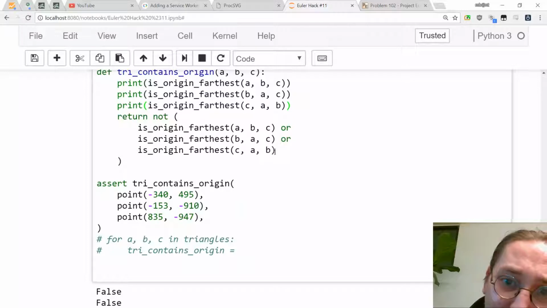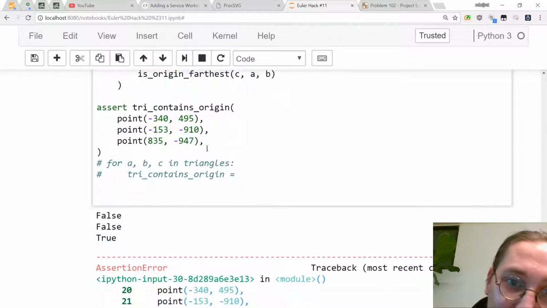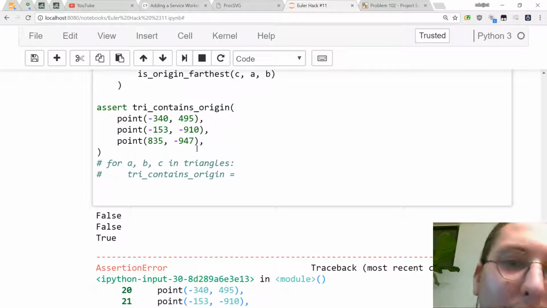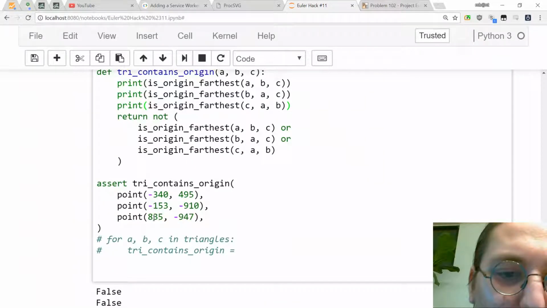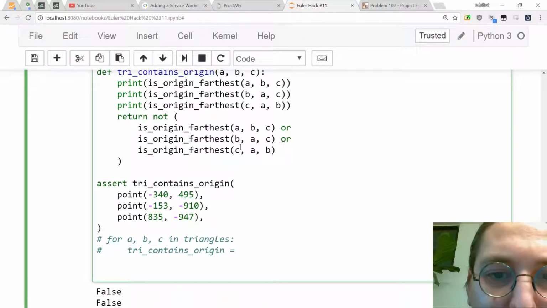So CAB, supposedly the origin in this is further away than the point in this. Okay, C is supposedly further away from the origin than from either of these. I guess we'll have to draw it.